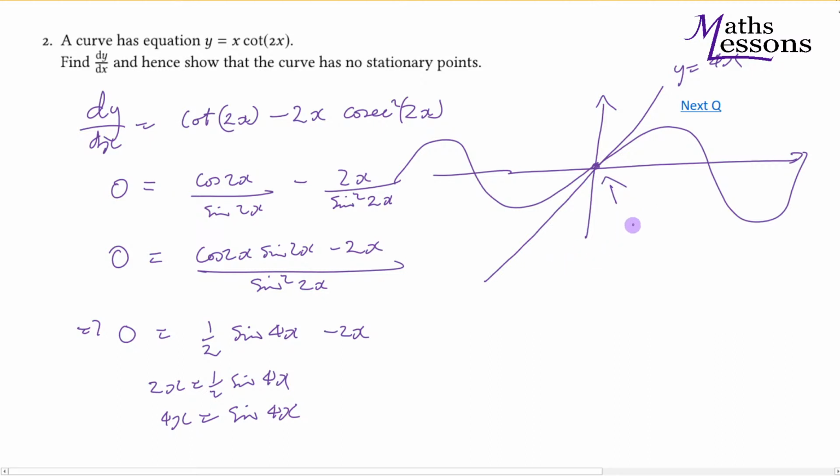So the cot is undefined here, so there's no solution. So no turning point.